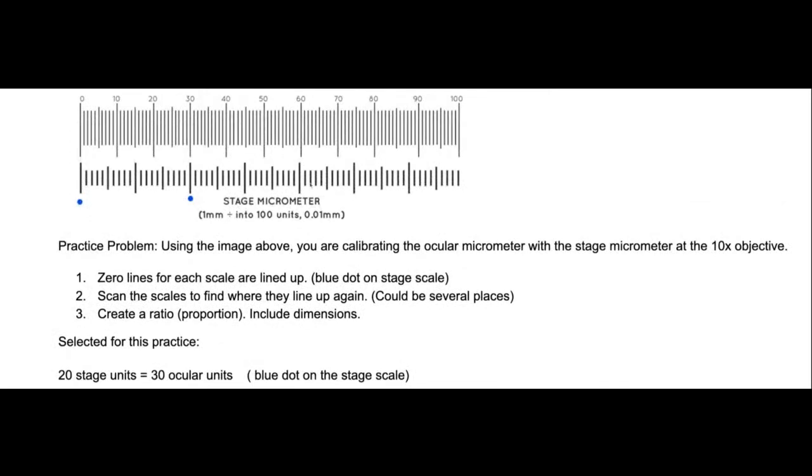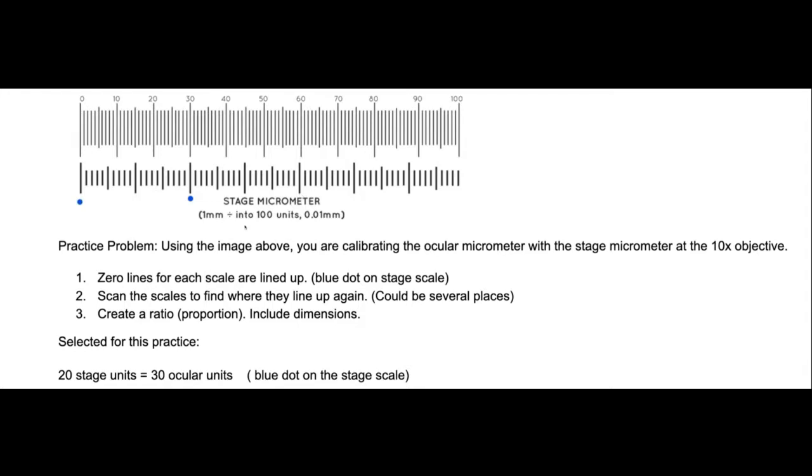So the bottom are the stage units, and on the top are the ocular units. These stage units, we do know the actual distance between them, but the ocular units, we don't. So if 20 stage units make up 30 ocular units, then how many stage units make up one ocular unit? That essentially is answering the question, how far apart are the ocular units?